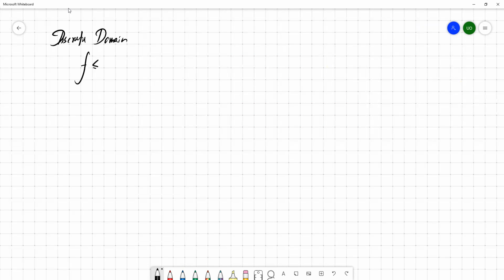So f is between plus half and minus half, and omega is between plus pi and minus pi. So it means f max is half and omega max is plus pi.